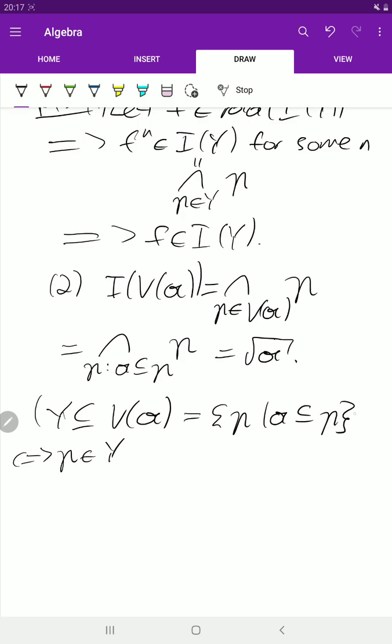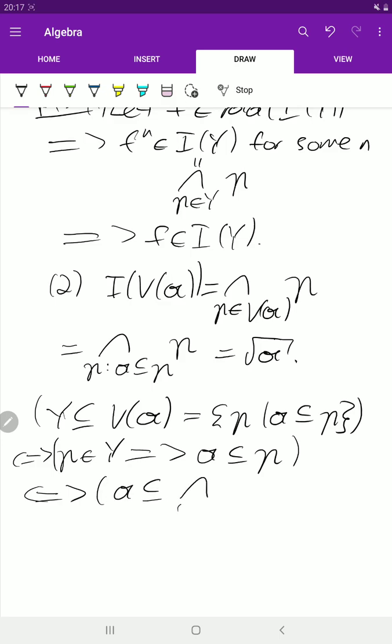So this statement is equivalent to the statement: P in Y implies A is a subset of P. And well, that statement is equivalent to A being a subset of the intersection of the P in Y, which is I of Y.